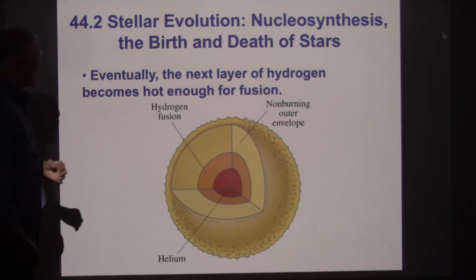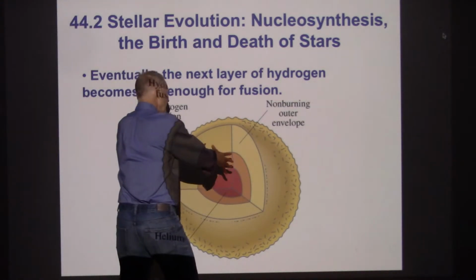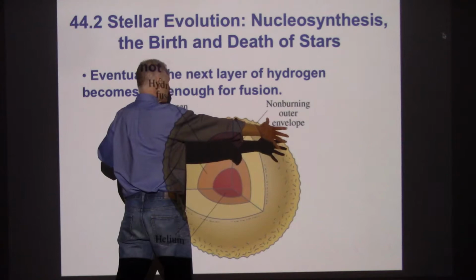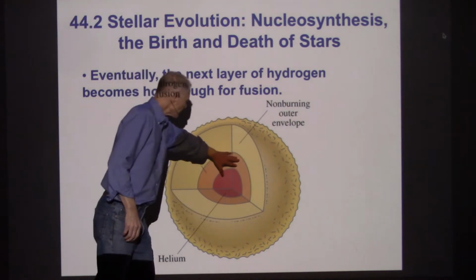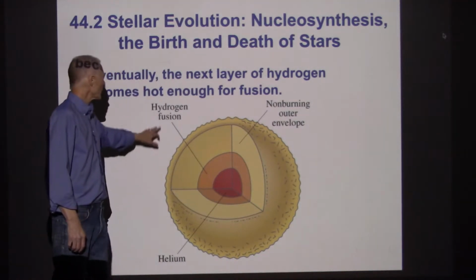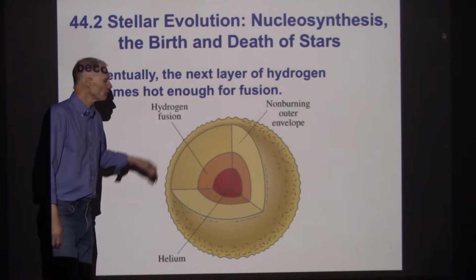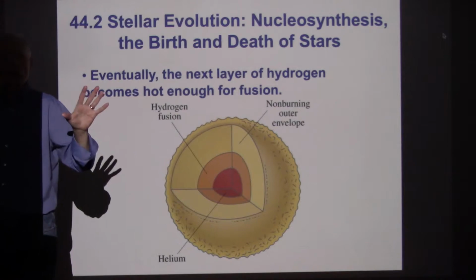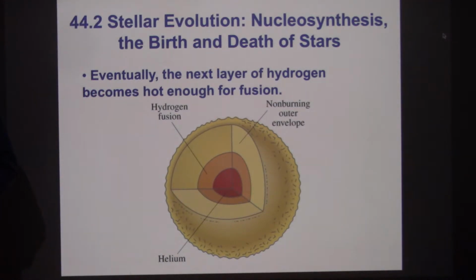Part of that process is the outer layers of the star then get pushed outwards. Once we get the shell fusion taking place, like we're seeing here with the hydrogen fusion, that leads to expansion of the outer layers of the star. So we're expecting the sun's going to get bigger and bigger in the sky. The surface is going to become more and more red as the layers spread out.